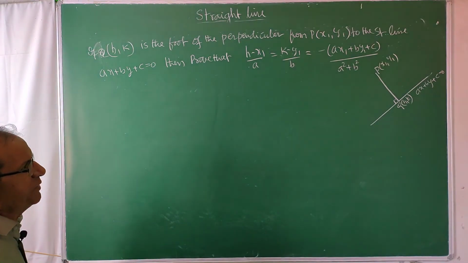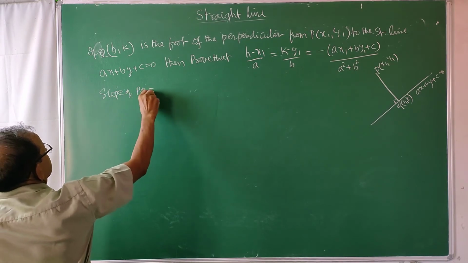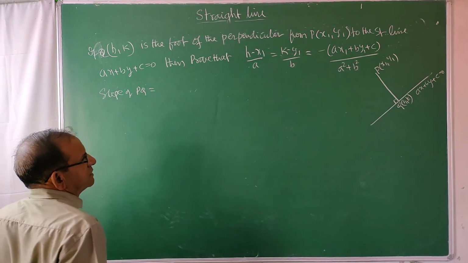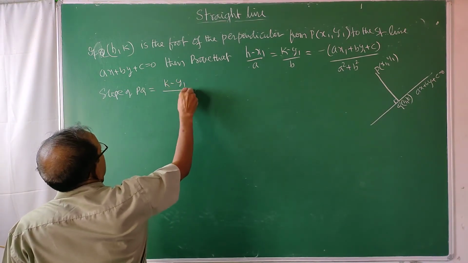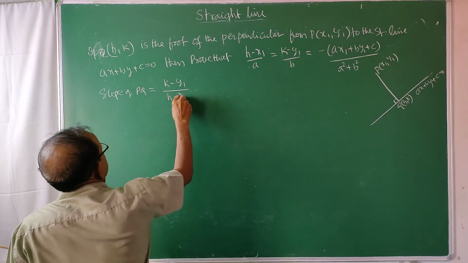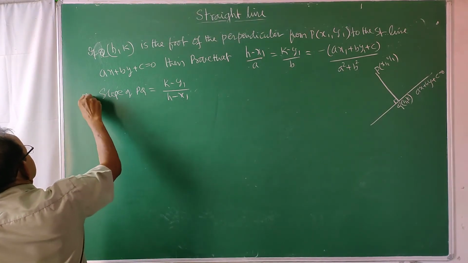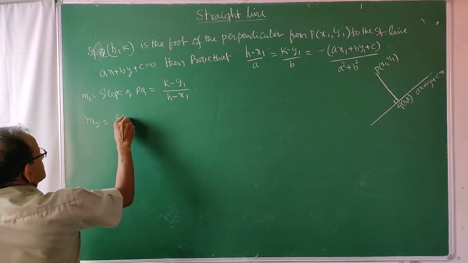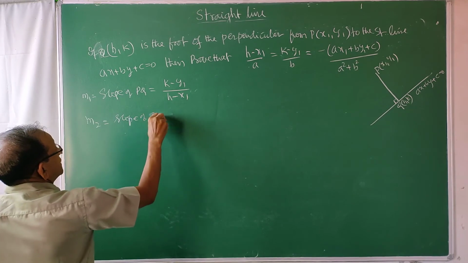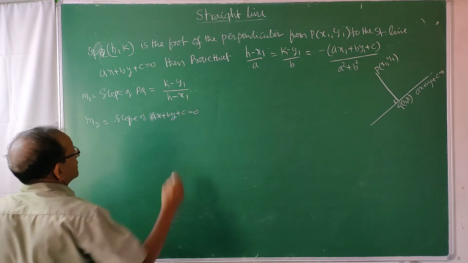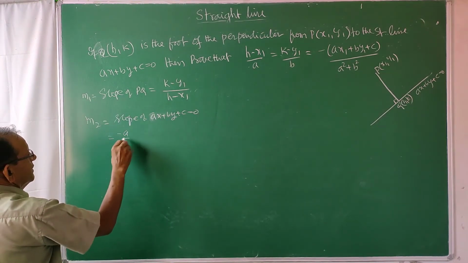Now here, what is the slope of PQ? Slope of PQ is equal to the difference of y coordinates by the difference of x coordinates, that is k minus y1 by h minus x1. Take this as m1. m2 is the slope of the given line ax plus by plus c is equal to 0, that is minus of coefficient of x by coefficient of y, that is minus of a by b.